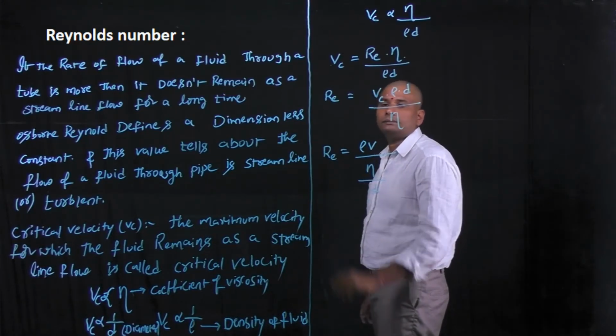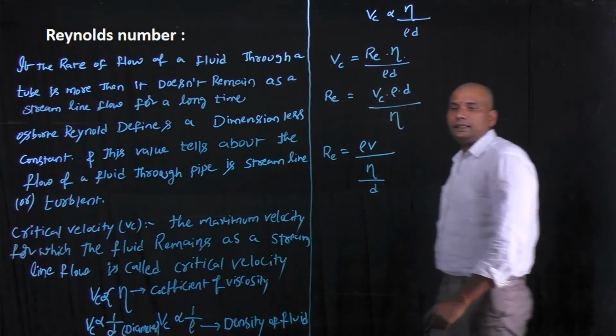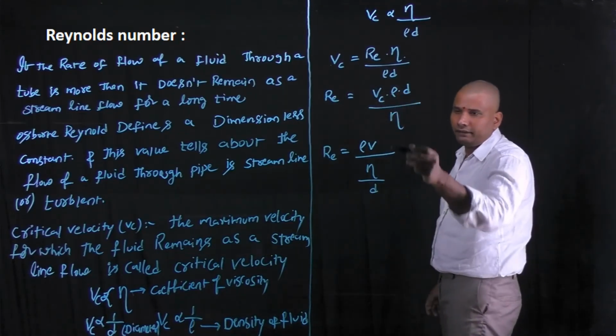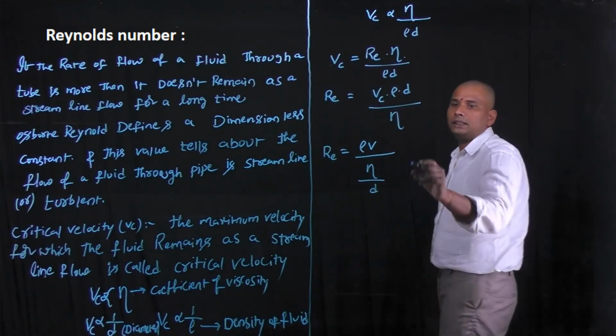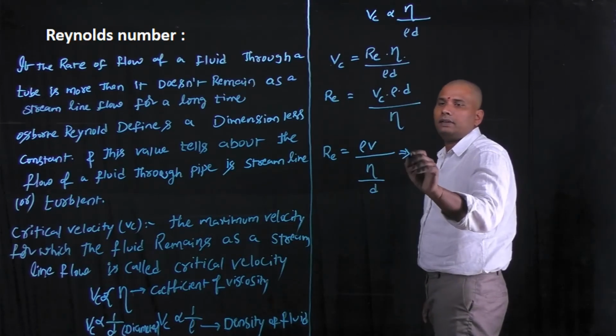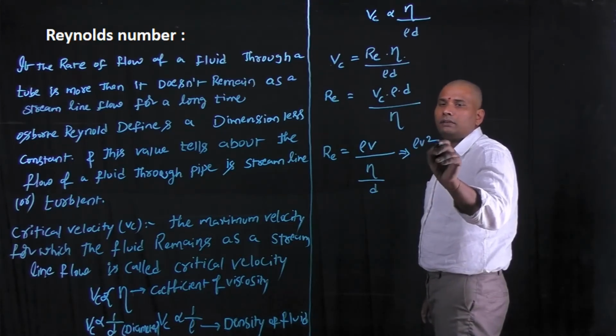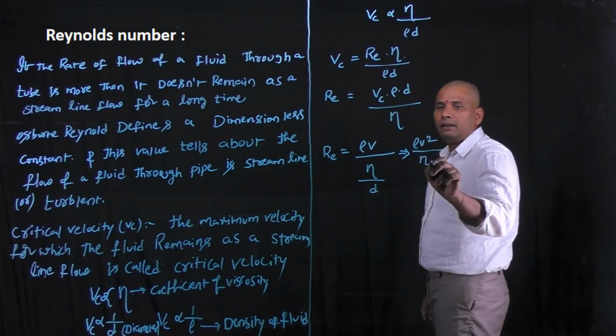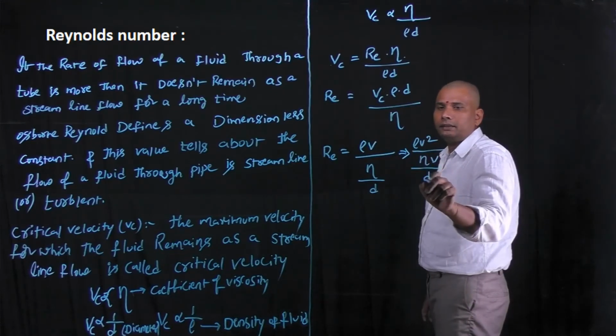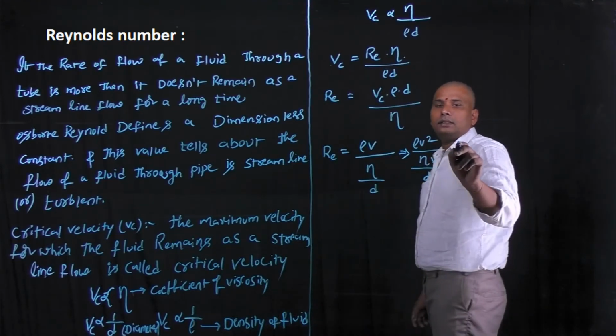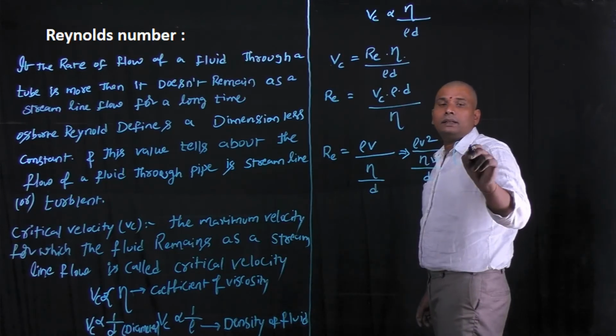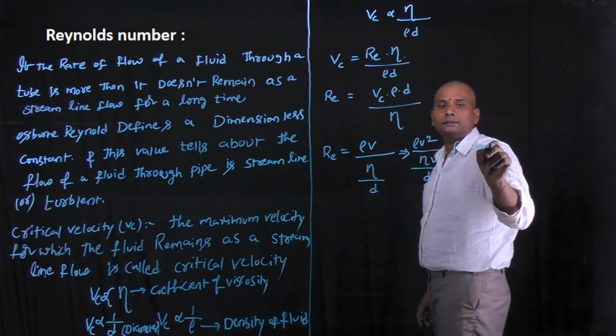Multiplying and dividing with velocity, this equation can be written as rho v square by eta v by d.